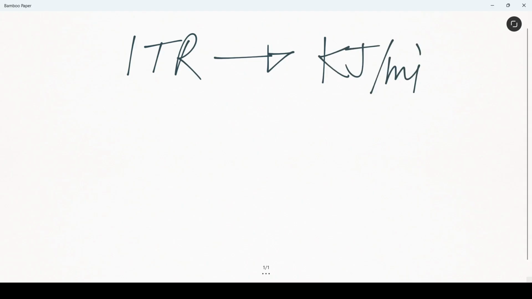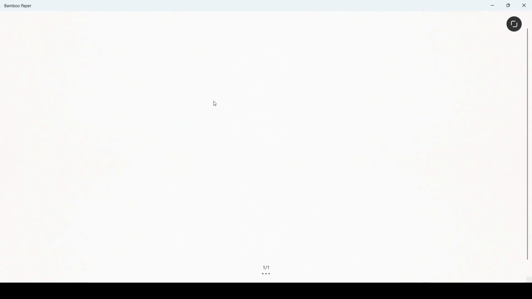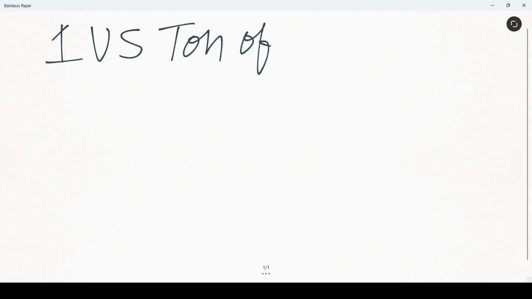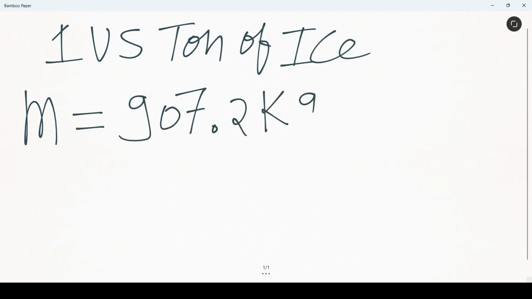Okay, so now let's calculate how much 1 ton of refrigeration is equal to in kilojoule per minute, and how much 1 ton of refrigeration is equivalent to in kilowatt. So we are producing 1 US ton of ice, and that is equivalent to a mass of 907.2 kg.